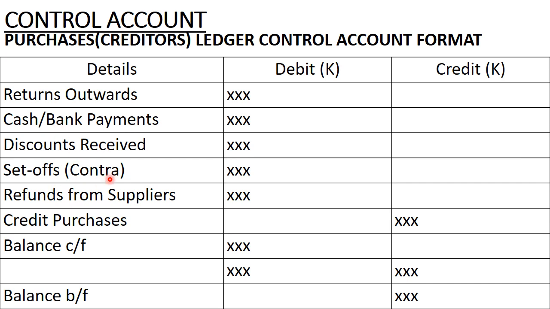That's what a set-off is, okay? So set-offs or contras are going to be here. Refunds from suppliers are going to be here, in case suppliers refund money for one reason or another. Then credit purchases are going to be on this side, okay? Then we're going to have the balances like this. So this is how the purchases ledger control account looks.